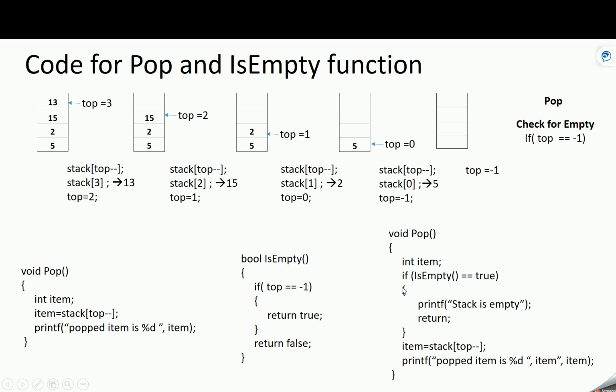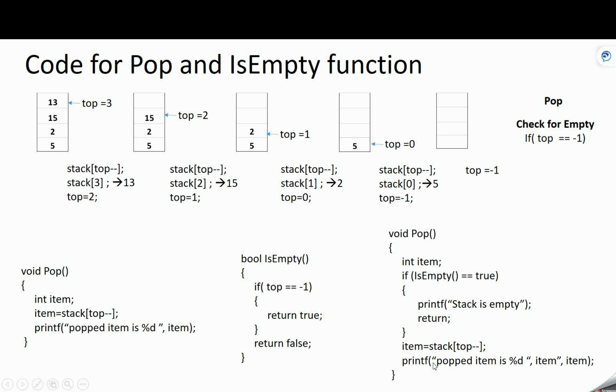Otherwise, it will come to this line and take the item from the stack, stack of top--, and print the item. So this was the pop function with checking whether the stack is empty or not, and only then removing the item.